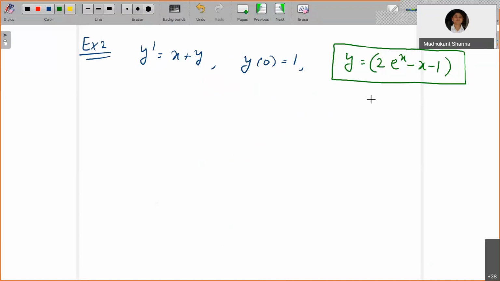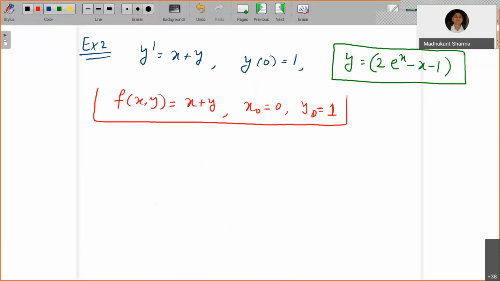We want to see whether Picard's nth approximation, or the sequence of approximations, converges to this original solution or not. So if you compare, in this case, f of x comma y is equals to x plus y, sum of these two, with x naught is 0 and y naught is 1. So on comparing, we got this.